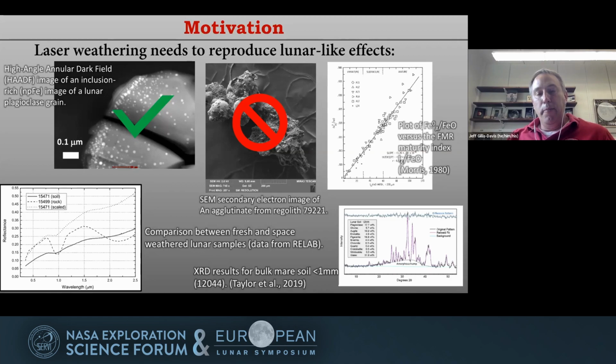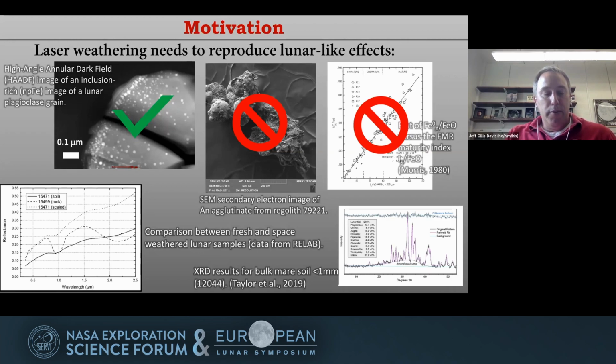But in measuring I sub S over FeO of our short pulse laser space weathered regolith, we don't get very high in I sub S over FeO. We only get about 10 or 14, which is very immature. So we don't replicate that feature very well.